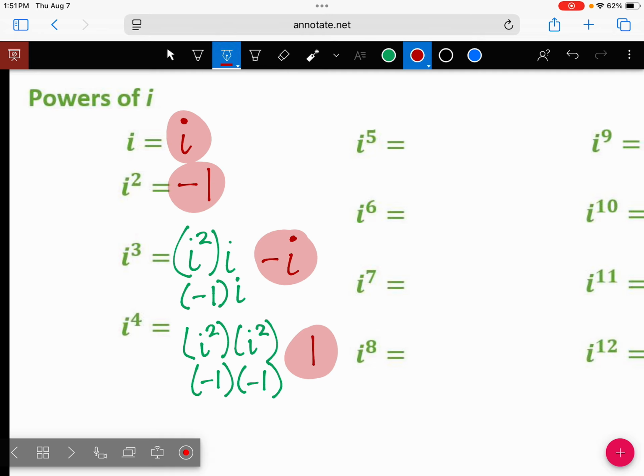So i to the power of 5, I'm going to separate that down to i to the 4th times i. Because what did we say i to the 4th was equal to? 1.